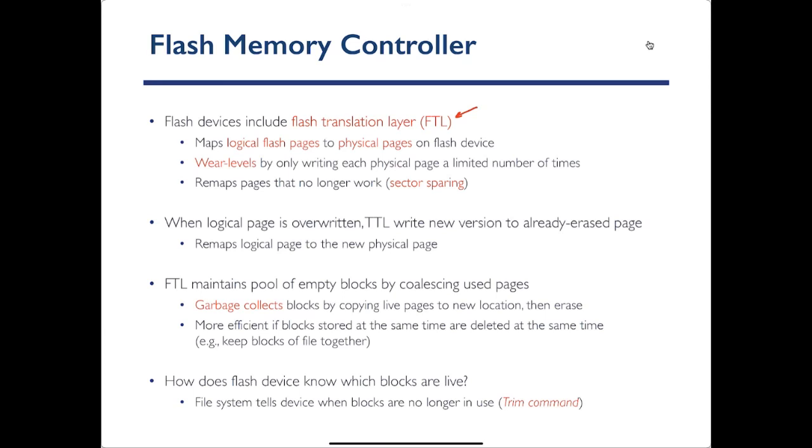So if you buy an SSD that is advertised to have 1 terabyte, it could potentially have internally an extra 100 gigabytes that it's not telling you, and it will be used if some of your pages wear out. Then the flash memory controller can use the spare pages. It's very similar to sector sparing in HDDs.